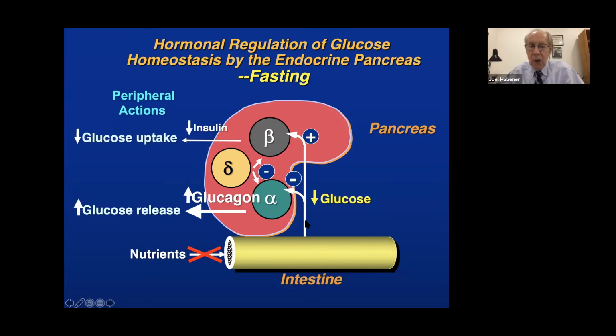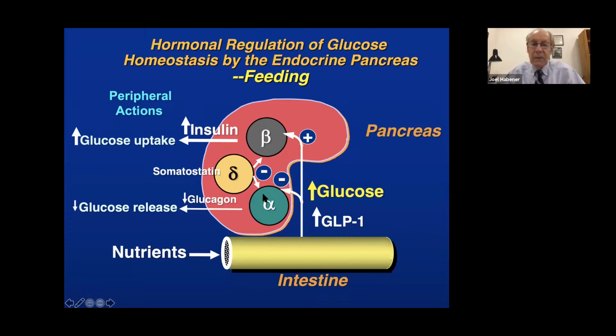The glucose is low, the insulin secretion is low, and the glucagon secretion is much higher. Glucagon stimulates glucose release. Insulin increases glucose uptake. So there's decreased glucose uptake with the lowered insulin. And so glucagon is predominant in the fasting state.